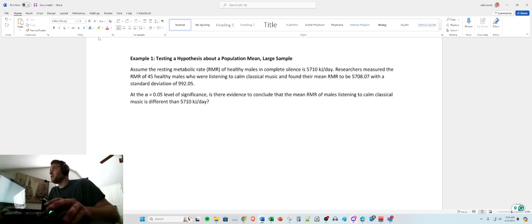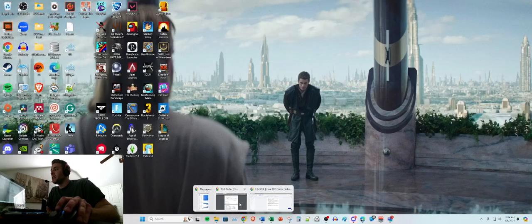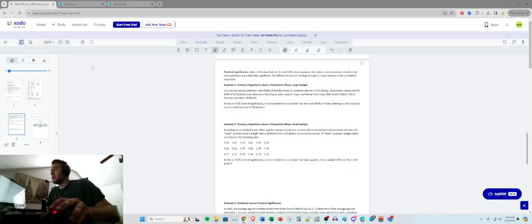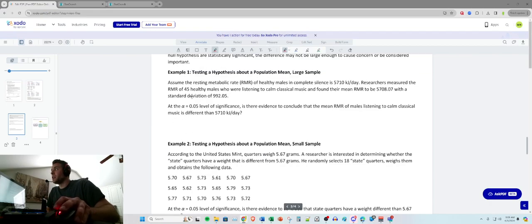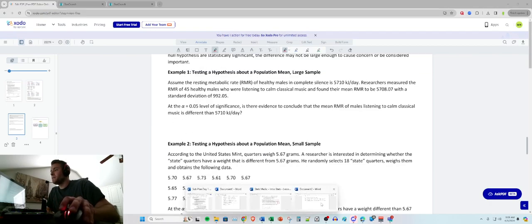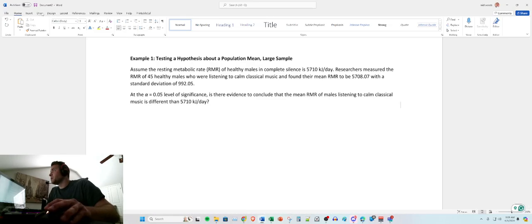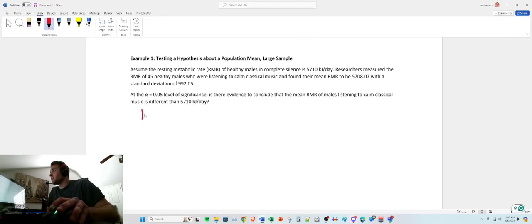Okay, as we begin this, and of course you're writing this on the page, in this part here we're going to put the null and alternate hypothesis. So let's start with our hypotheses, H0 and HA.